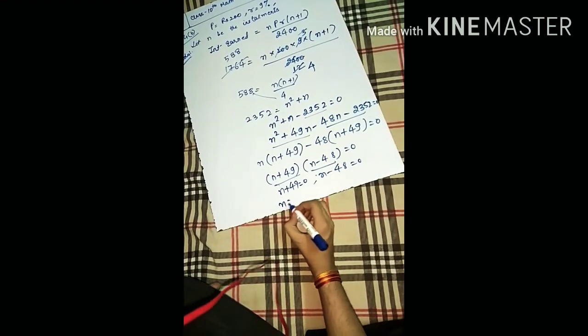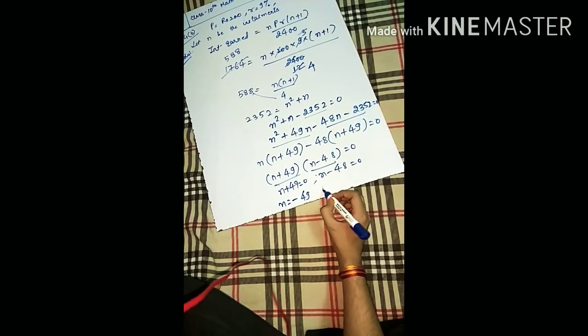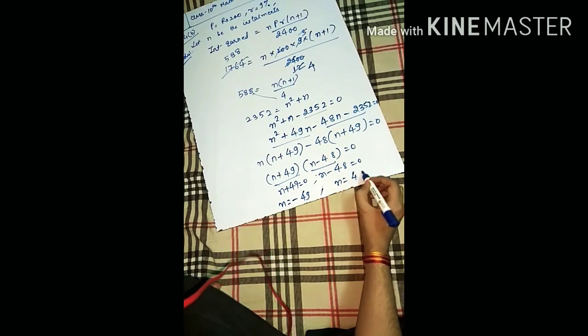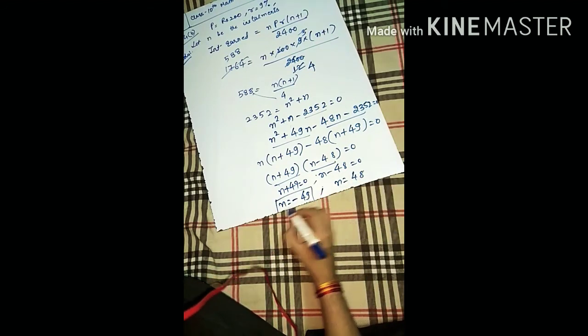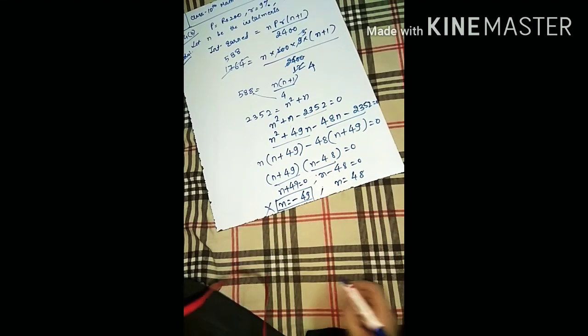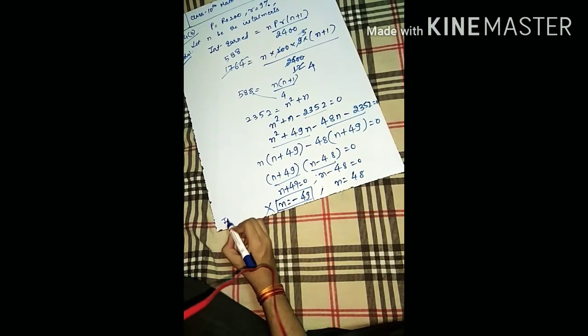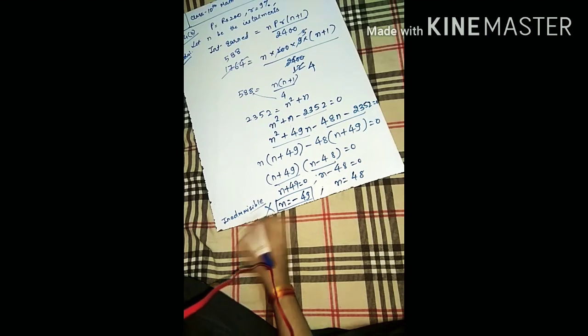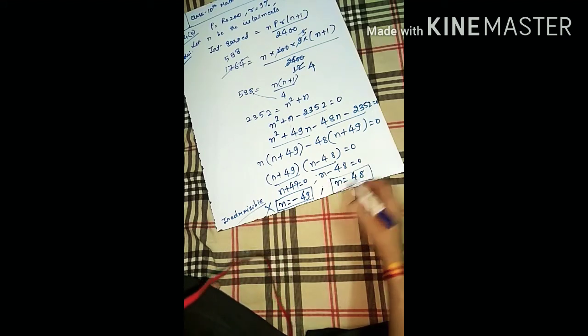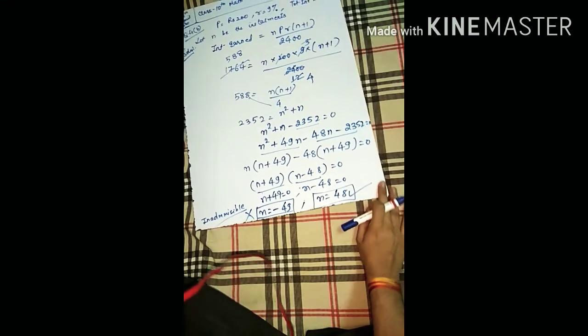From here we get n equal to minus 49, and from here n equal to 48. Now the monthly installment is never negative, so this answer is inadmissible. n equal to 48, this answer will be accepted as the answer.